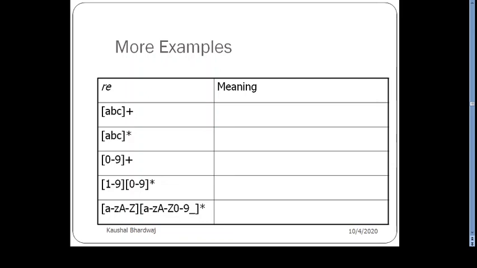There is some problem here, I think. Samarjeet, can you tell us the meaning of this expression, 1 to 9, 0 to 9 star? Sir, at least one character is present from 1 to 9, and then zero or more from 0 to 9.